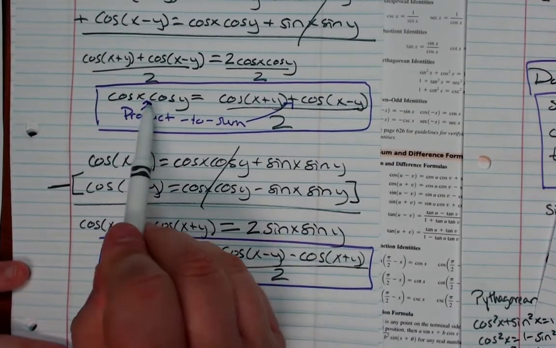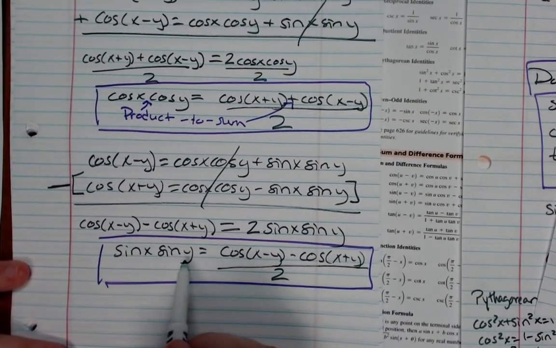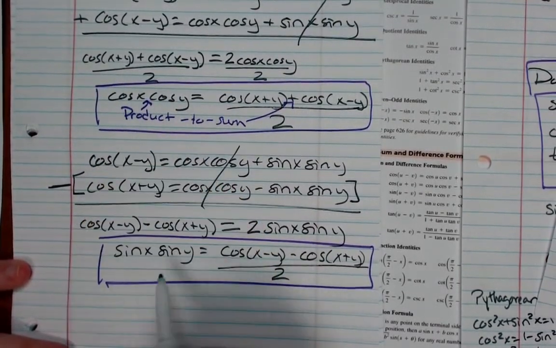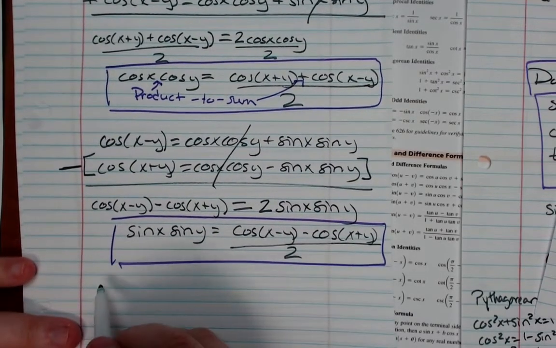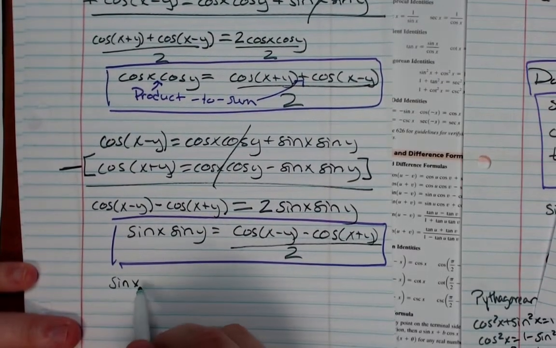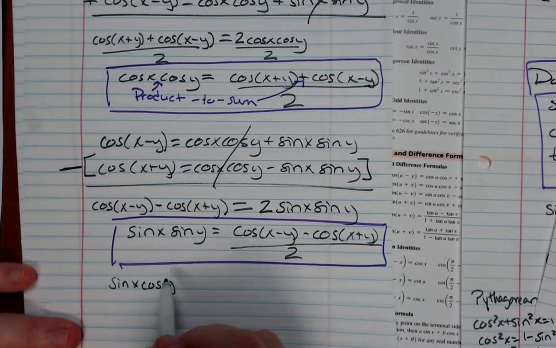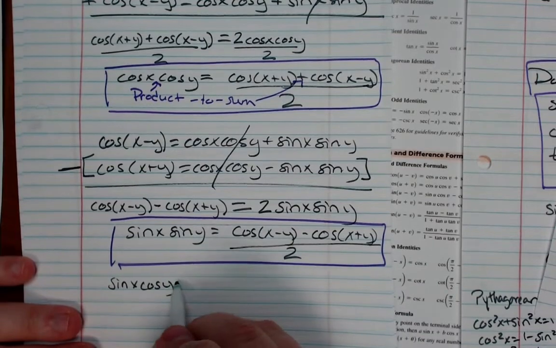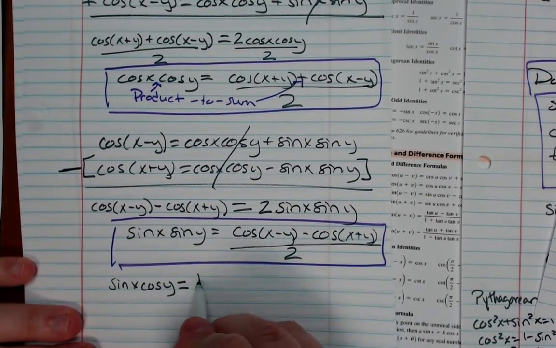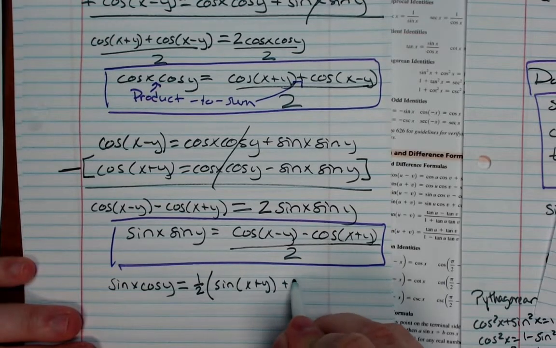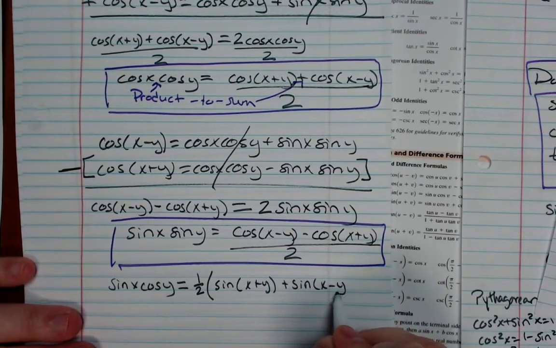So here we had cos x cos y, and sin x sin y. So they were the same trig function, but different angles. So our 2 for sin x cos y. So now we have two trig functions and two angles. For this we have 1/2, or over 2, sine x plus y plus sine x minus y.